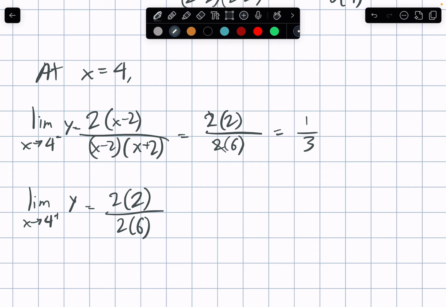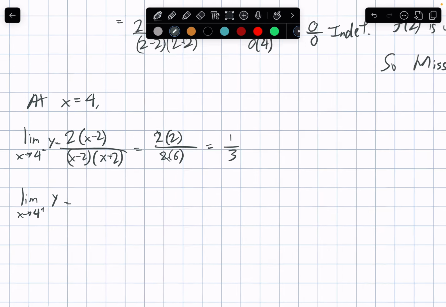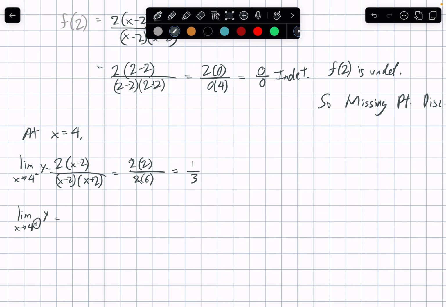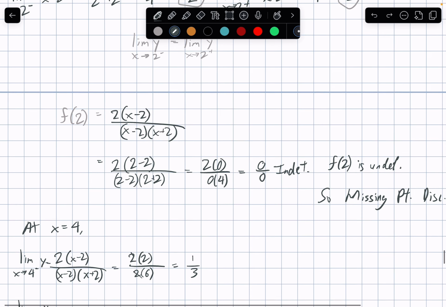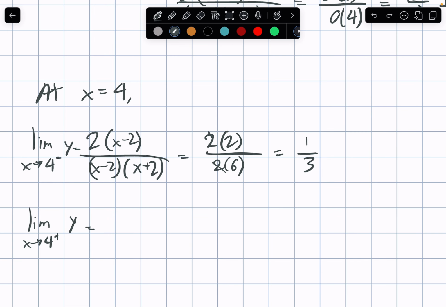Wait. So early. We're not going to use the same function for the right hand limit. What's the logic behind that? Okay.